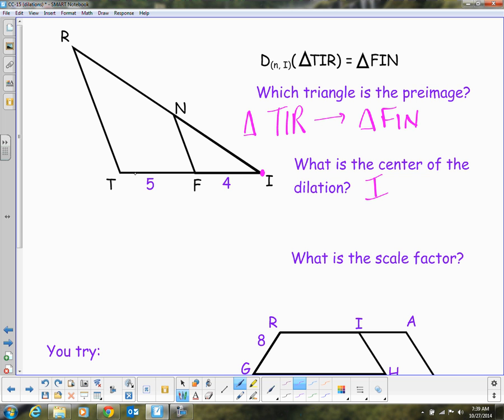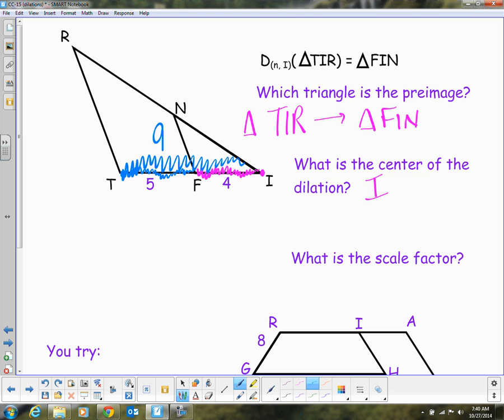Now look at this. Is this a side of the image? A whole side? Yes? Okay. Is this a side, the blue only, is that a side of the pre-image? Or is that part of the pre-image? It's part of the pre-image.